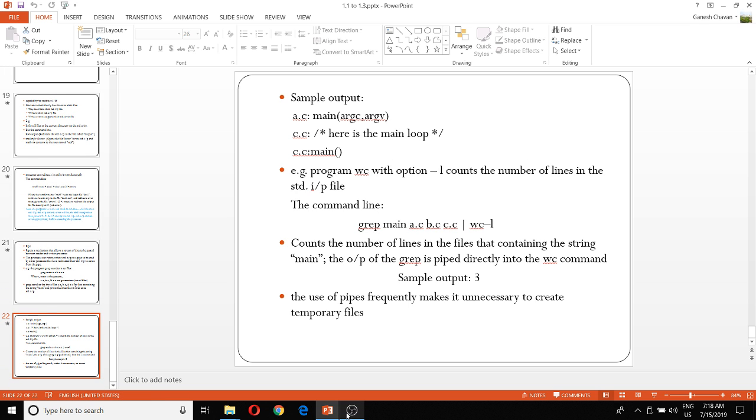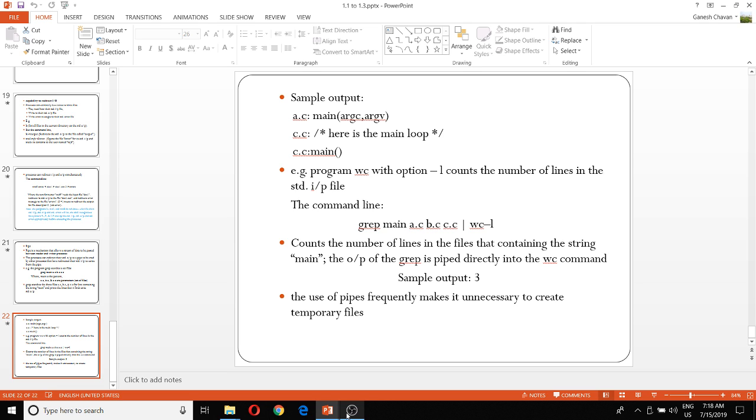Sample outputs are given here: a.c: main(argc, argv), c.c: here is main loop, c.c contains main.